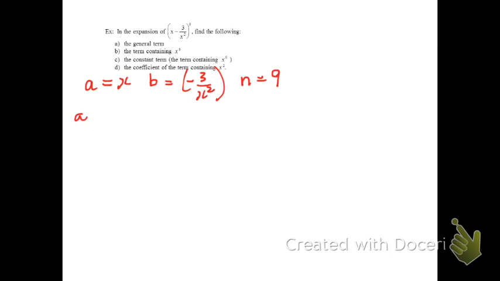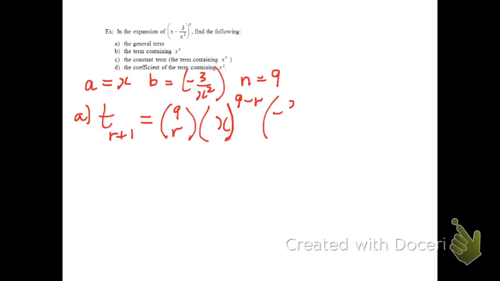So, question A, the general term. So t of r plus 1 is going to be equal to 9 choose r, times x, and x is going to be to the power of 9 minus r, and then we have negative 3 over x squared, and that's going to be to the power of r.